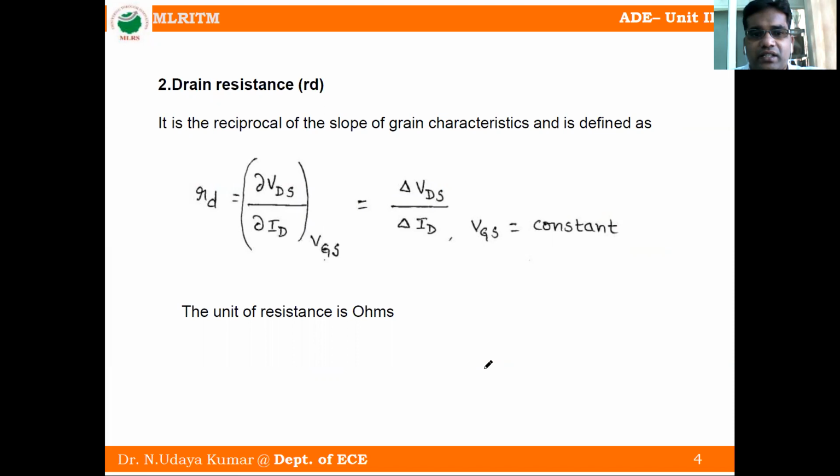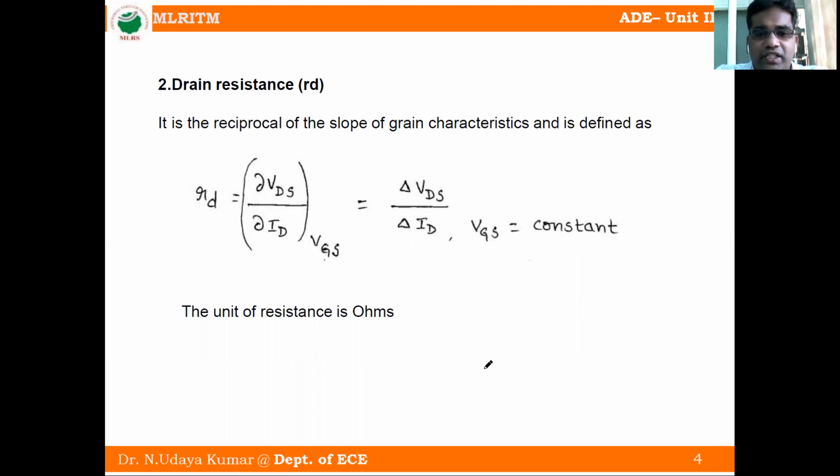The next parameter is drain resistance. Drain resistance is the reciprocal of the slope of the drain characteristics and is defined as RD is equal to dou VDS by dou ID at constant VGS.